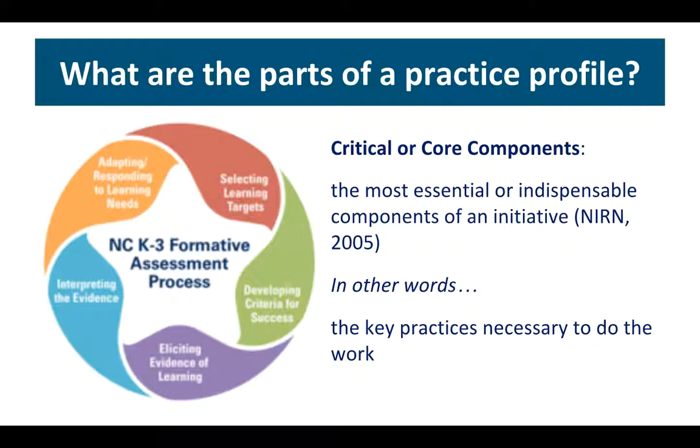The graphic on the left is an example of an initiative with core components defined. The NC K-3 formative assessment process has 5 critical components defined for practice, and this graphic shows what those 5 critical components are.